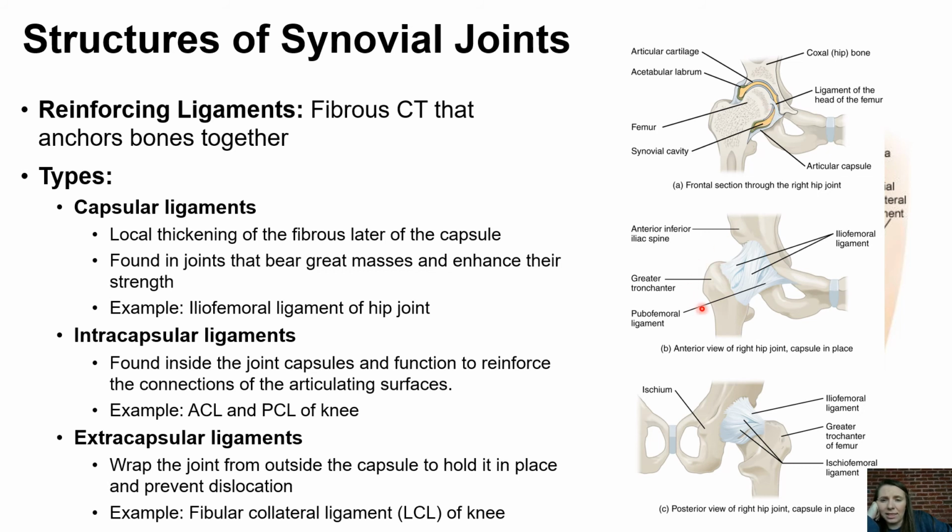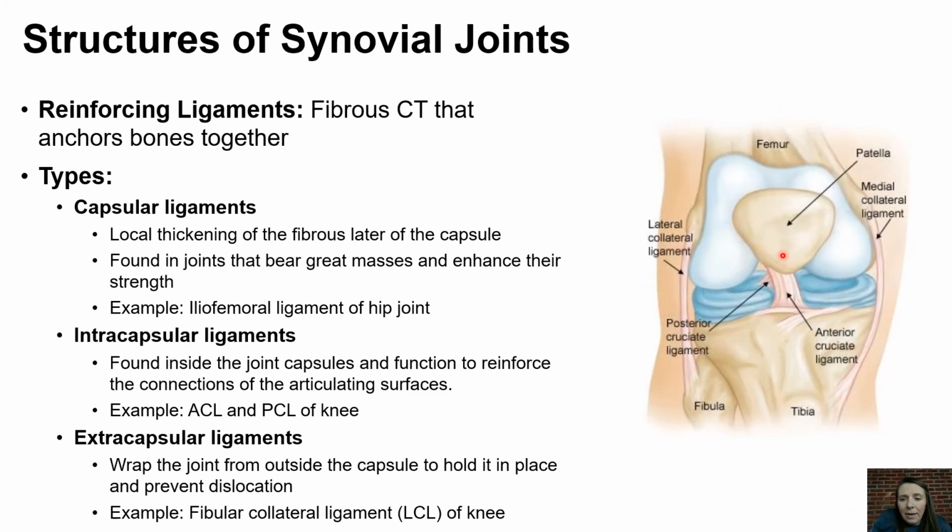The thickening of this capsule is going to form the iliofemoral ligament, and as you can see there are two sections of it traveling from the femur to the coxal bone, reinforcing the femur and holding the femur in place up against the hip bone. So it's really just for structural reinforcement purposes, particularly for joints that bear a great amount of weight like the hips.